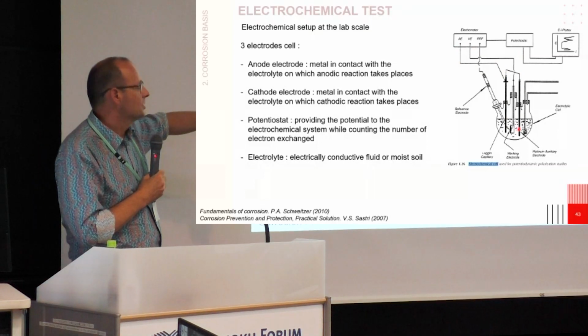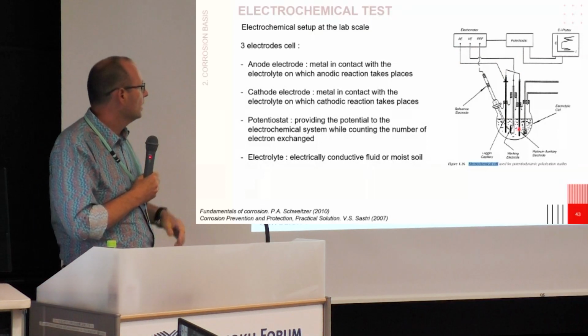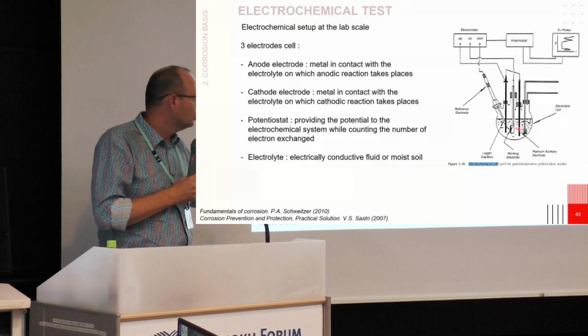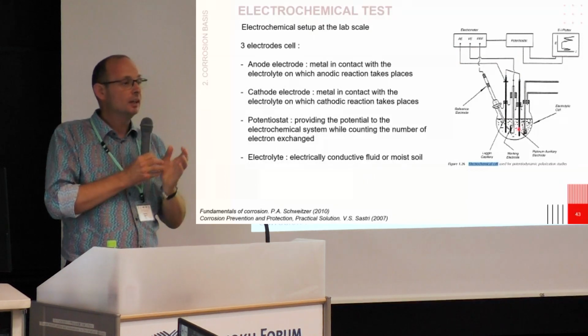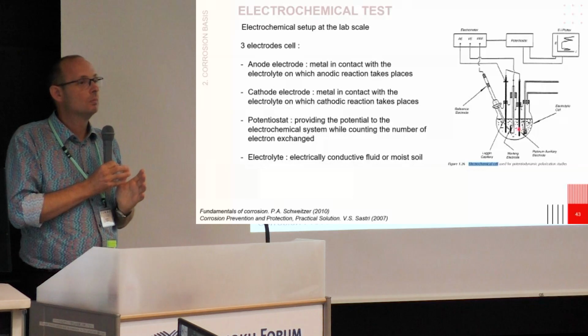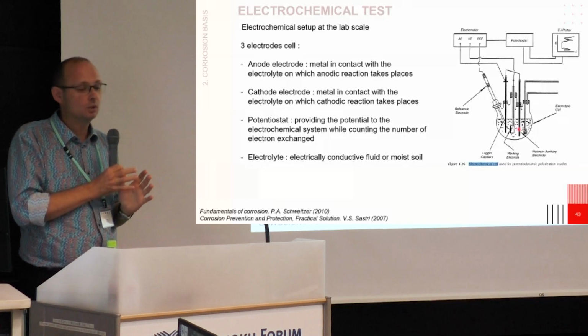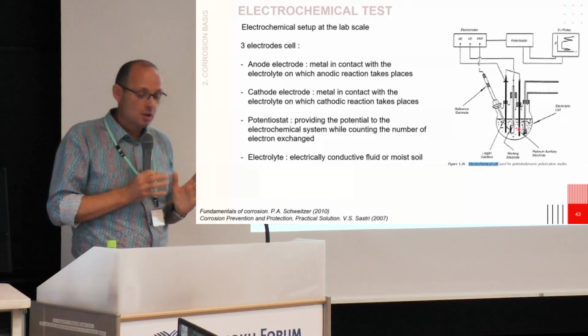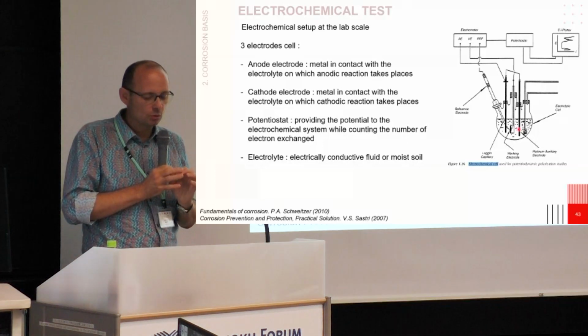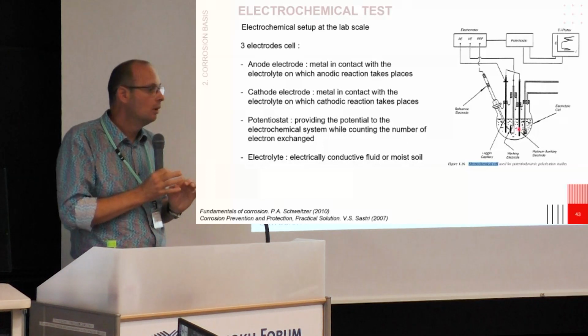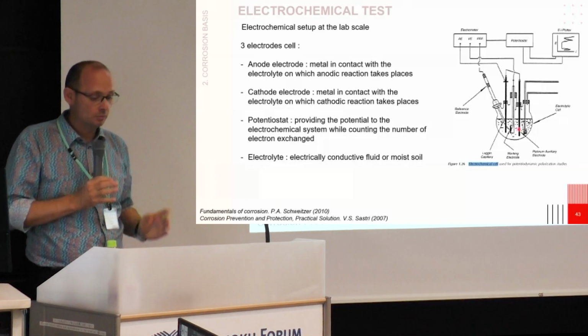And to close the system, you need to have an electrolyte. The electrolyte will be a fluid, a moist soil. Actually, the electrolyte should be either a model electrolyte, because you want to characterize your system in a very controlled environment, or the reality of the environment.